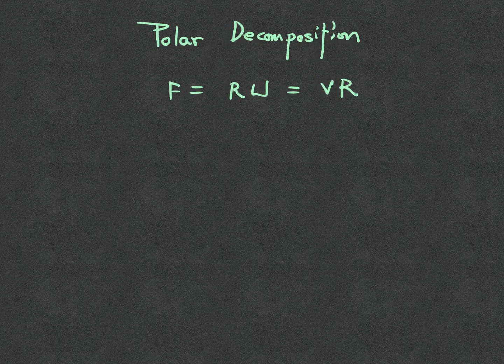So remember that F is F_iJ. J is in capital because the second index is applied to the reference configuration, and the i index is not the dummy index. So this would be the new index that is left, for the basis in the current configuration, right? You see what I mean? So what is U? U would be the stretch.